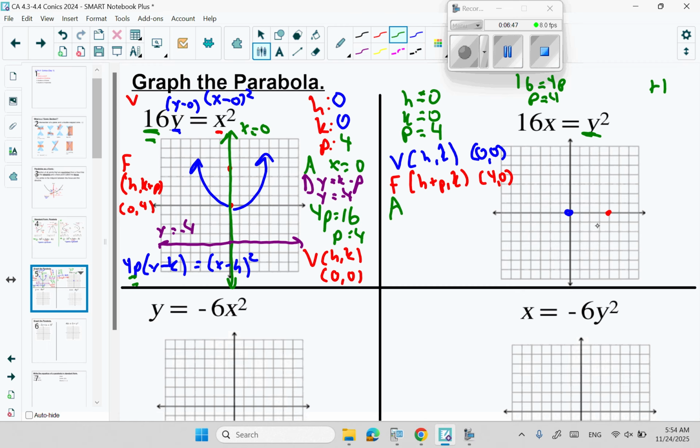My axis, because it's horizontal, is y equals 0. And my directrix is now going to be vertical, so x equals h minus p. So I'm going to get 0 minus 4, so x equals negative 4.